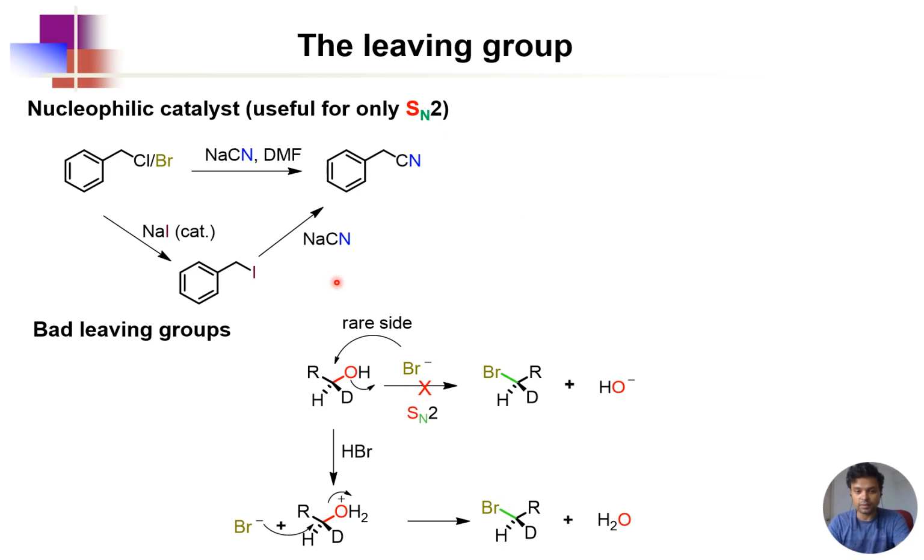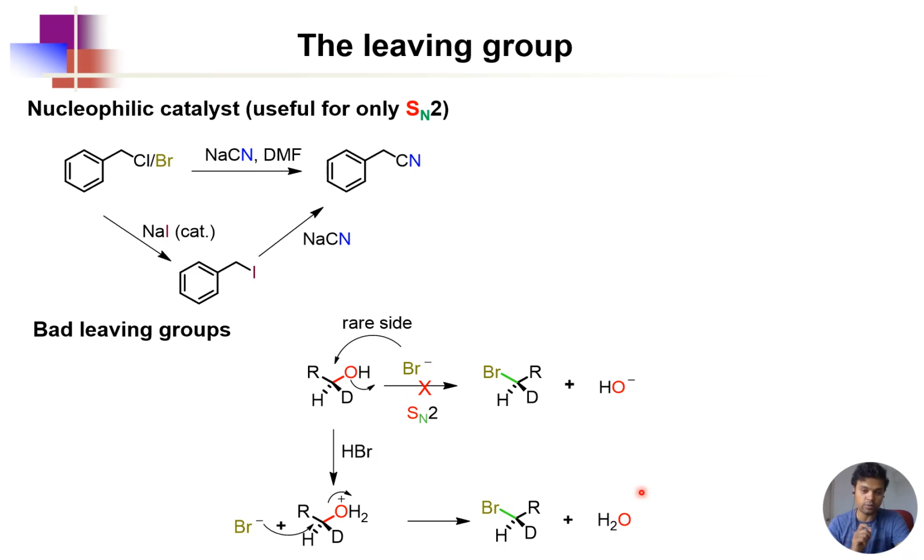Now OH minus is a bad leaving group. This is a very important thing you should learn: if you have a bad leaving group, you can convert it into a good leaving group. For example, if you take this alcohol and treat it with HBr, you can produce OH2+, which is a very good leaving group, and then bromide can attack from the back side and you can easily get the substituted product.